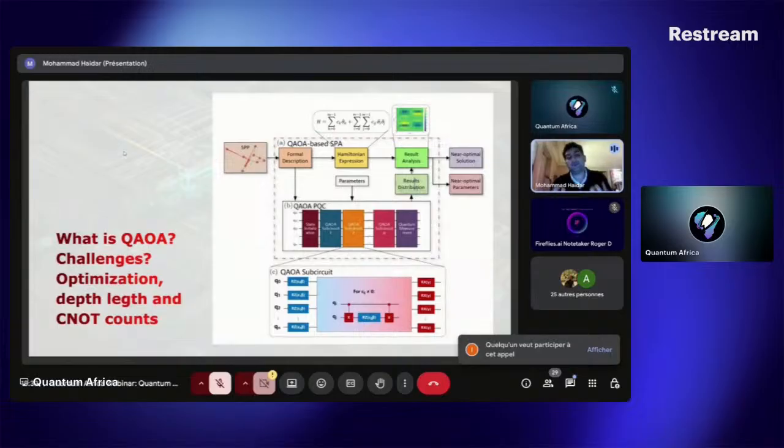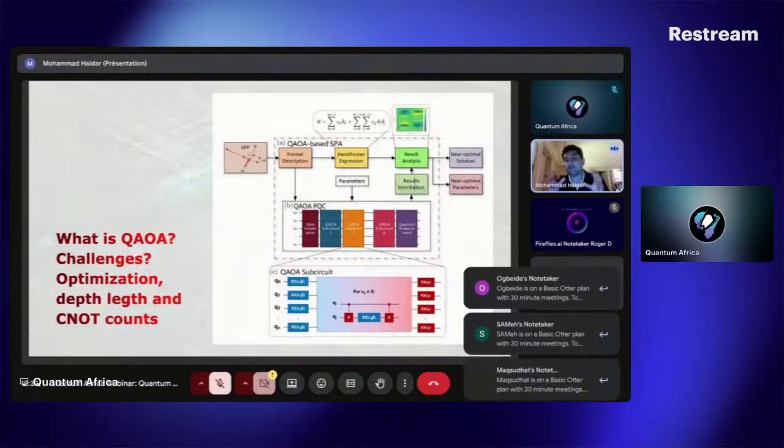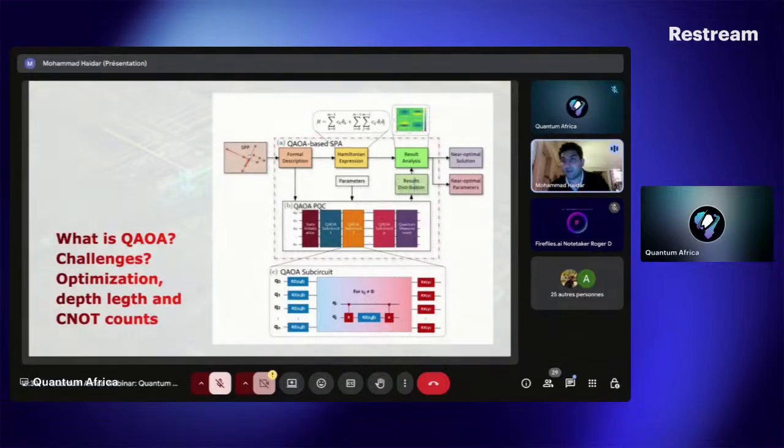Now, what is QAOA? As you see here on the right, we will see the problems now in QAOA. So here it's an optimization problem you want to solve. Let's say, for example, you have different delivery points. You are a company and you want to go to different delivery points at the same time, and you have two cars to go there.